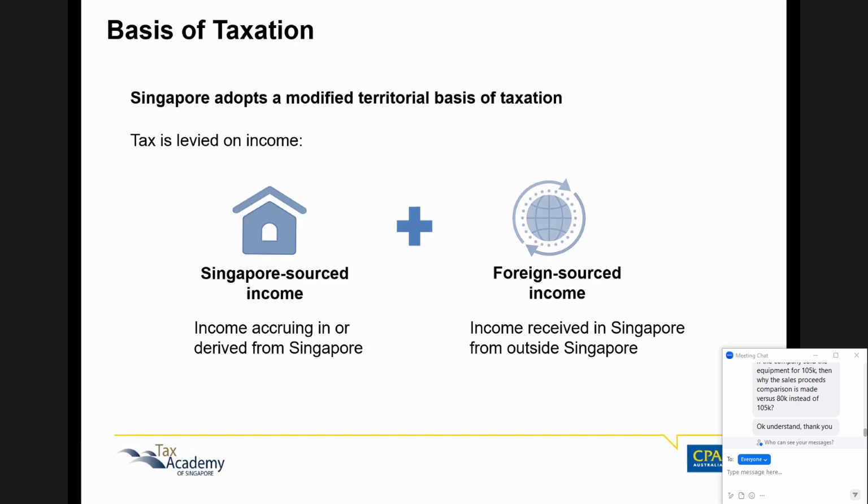But in Singapore we adopt a modified territorial basis, meaning we also tax foreign source income, but it's not like the US where I tax your whole world's income. In Singapore, we don't do that. We only tax your foreign source income if you remit it back, that is, income received in Singapore from outside Singapore.